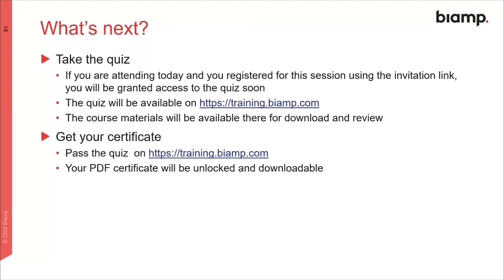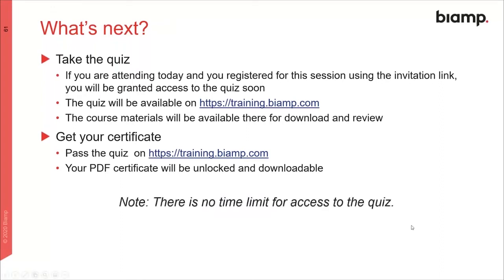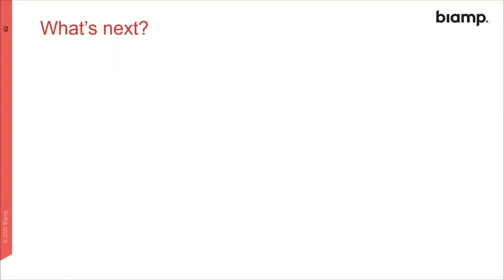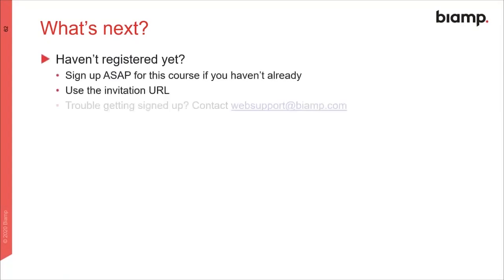The course materials and everything that's available, so you can do a review. You can obviously use the handout that we have here on the console. You can download it under the handout section. And there is no time limit, so do it at your own pace. If you haven't registered yet, you can sign up immediately.